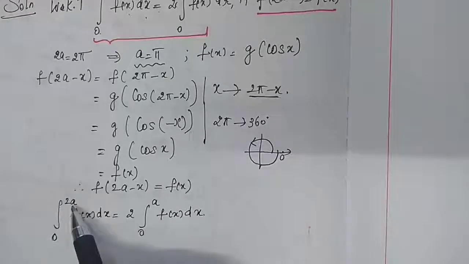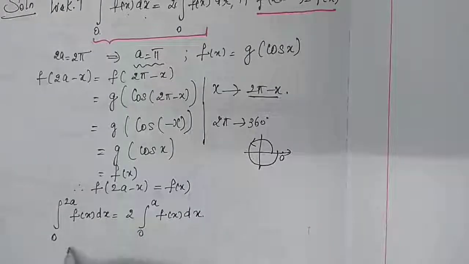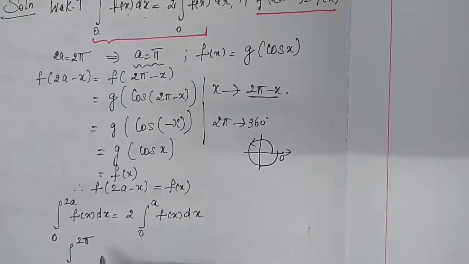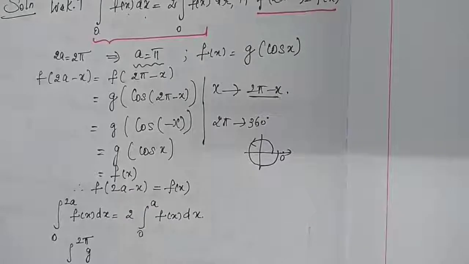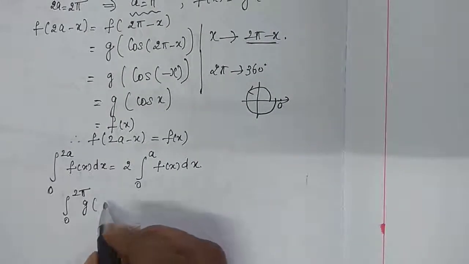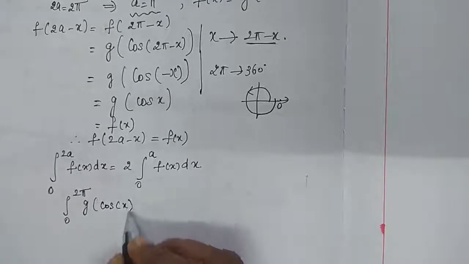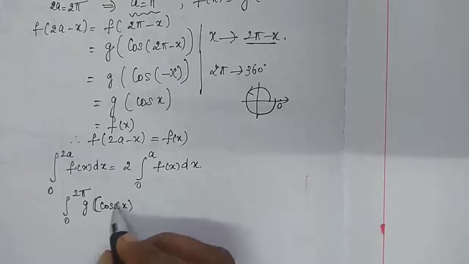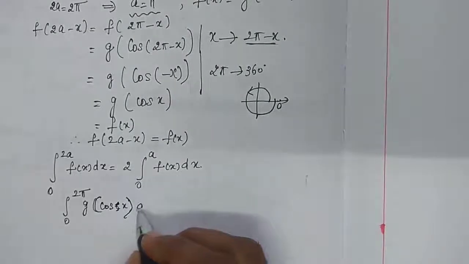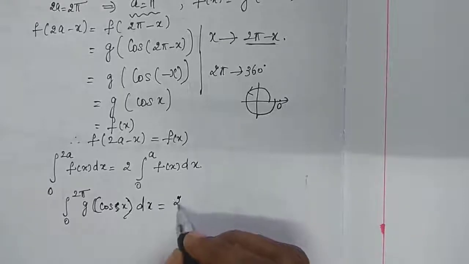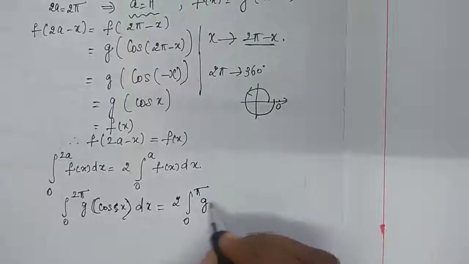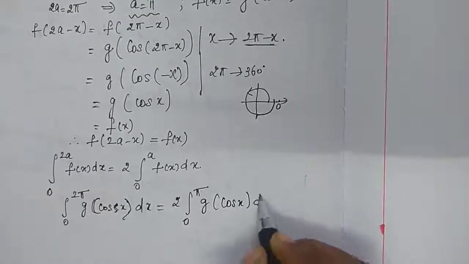Just replace 2a by 2π: the integral from 0 to 2π of g of cos x dx equals 2 times the integral from 0 to π, since our a is π, of g of cos x dx.